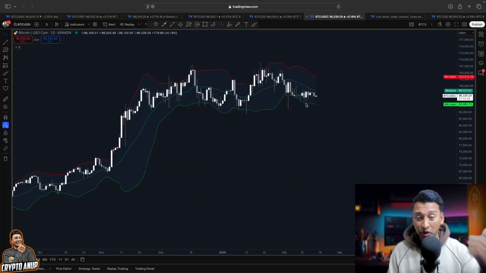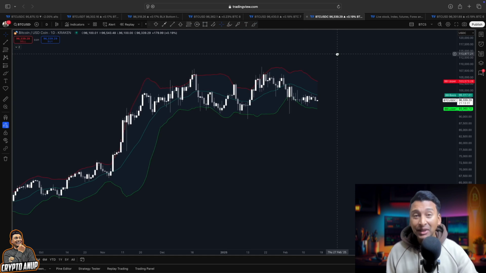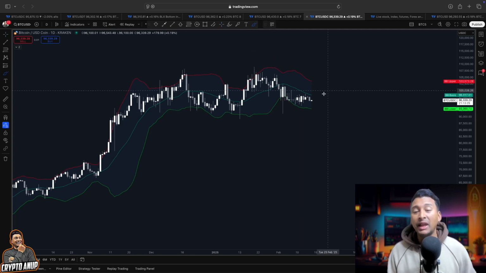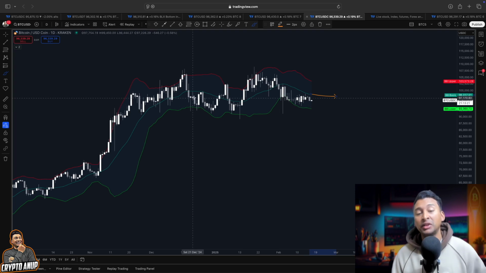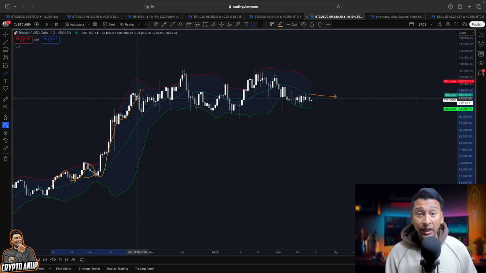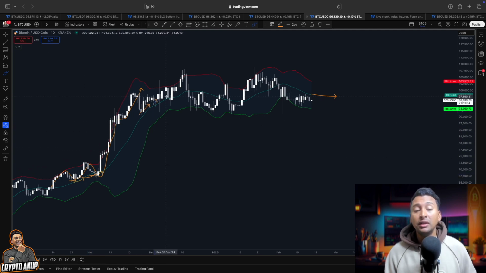And now we also know another resistance which is holding us below 100,000, which is this Bollinger Band. The central line or the basis line from the Bollinger Band will be acting as additional resistance for Bitcoin, because we know during uptrend, whenever the upper band from this Bollinger Band starts breaking out, it usually indicates uptrend, and during pullback, the same basis line or the center line acts as support, right? Just like here.